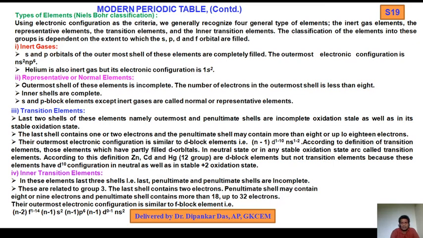The classification of the elements into these groups depends on the extent to which the s, p, d, f orbitals are filled. The s and p orbitals of the outermost shell of these elements are completely filled. The outermost electronic configuration is ns2np6, inert gas.